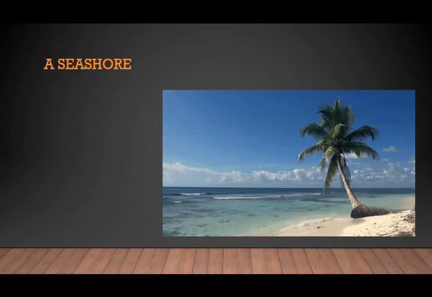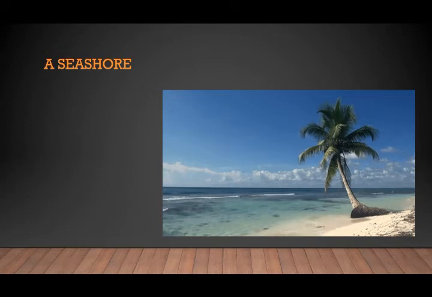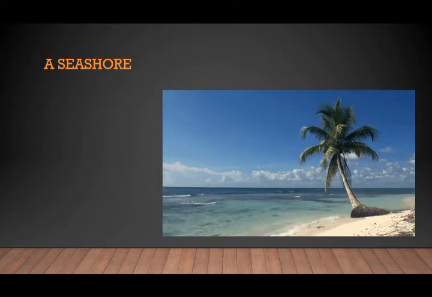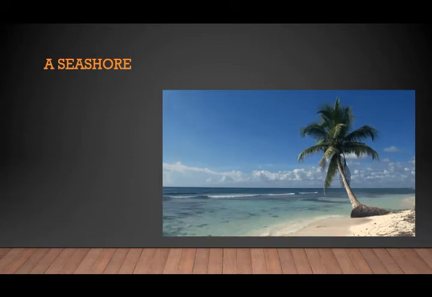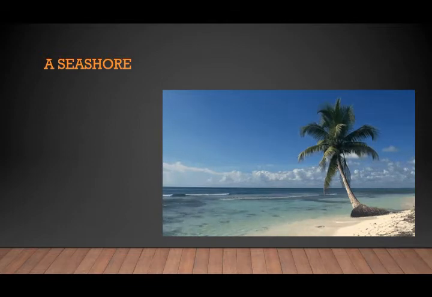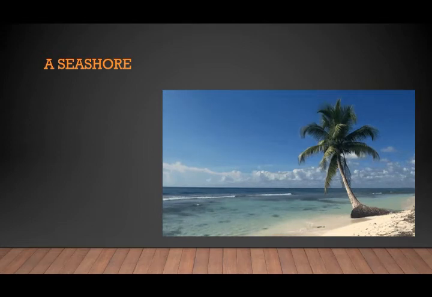This illustration shows us a seashore. Seashore is actually a habitat too. Well, now pay attention to it. What can you identify on this habitat? Yeah, you may pay attention to the seawater, and you might also pay attention to the white sand. Right.